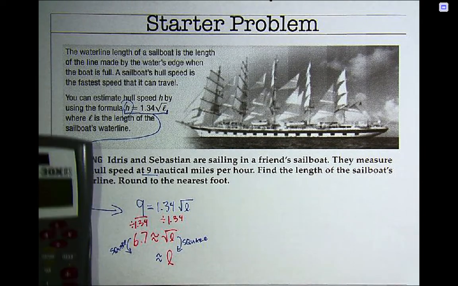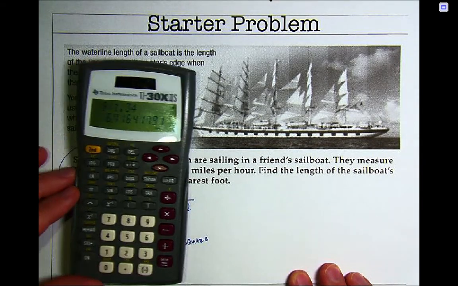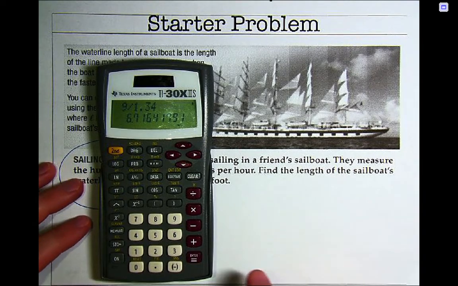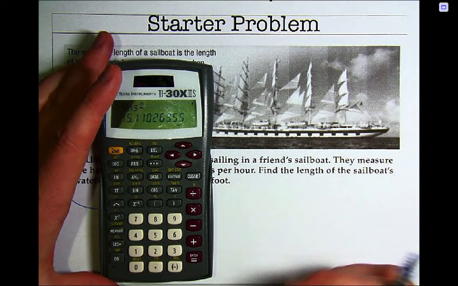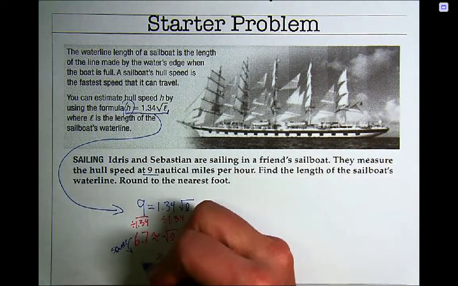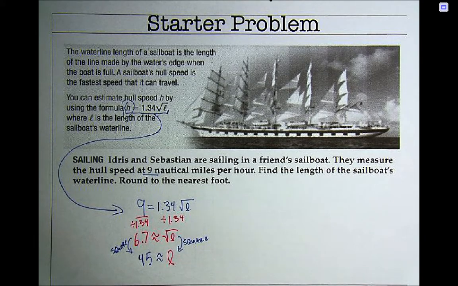Luckily, I left that number up on my calculator, and all I have to do to square that is hit the x squared button, and I can tell that the whole length of this sailboat is approximately 45 feet. All right, so that's a long sailboat.